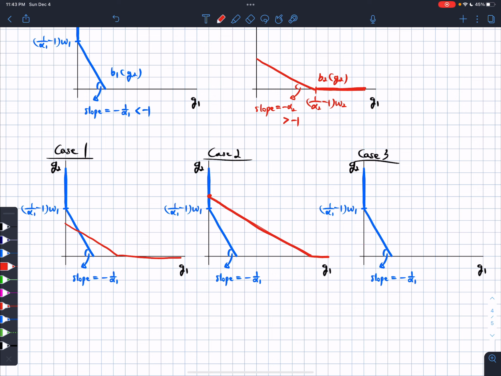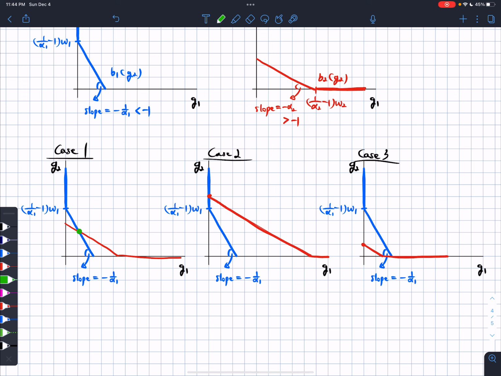I have a point here, and even with a line that is flatter than slope minus 1, I will have this. Okay, and you see that in these 3 cases, for each of these 3 cases, the intersections are unique.